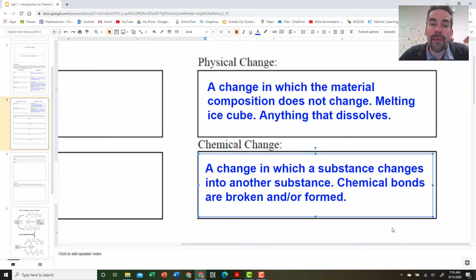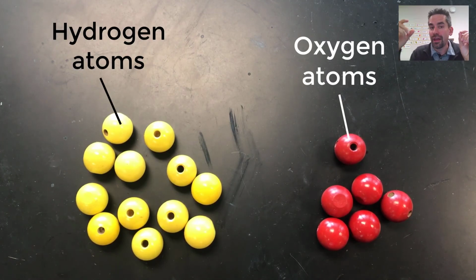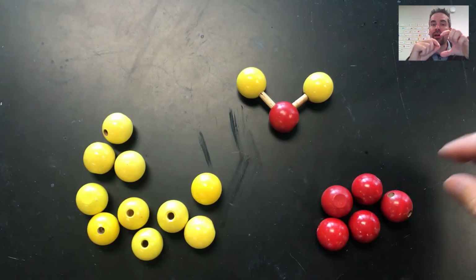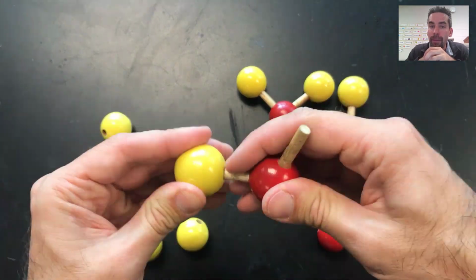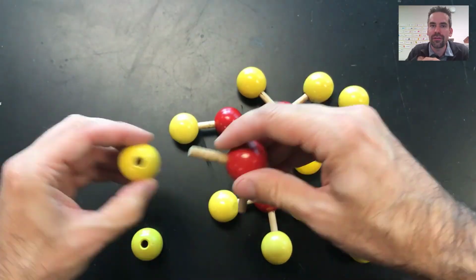Okay, so if you have a chemical bond occurring, then the substance changes, and it has a new name. It will be called something else. So when I take oxygen atoms and I take hydrogen atoms, and I stick two hydrogen atoms to an oxygen atom, that becomes water. We no longer call it hydrogen and oxygen.